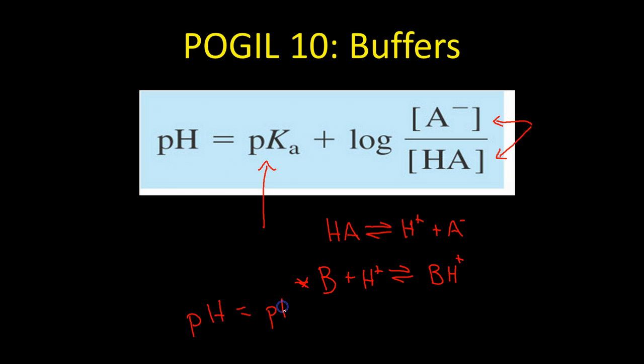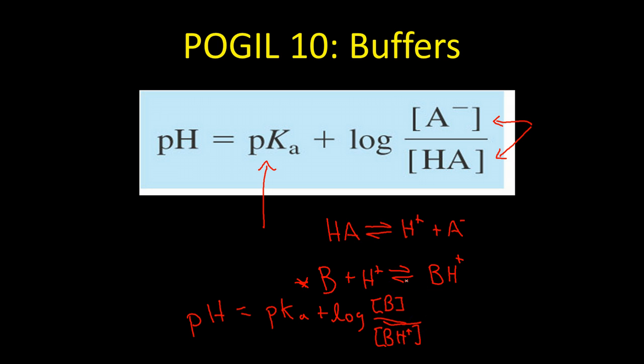So in this occasion, you would have a Henderson-Hasselbalch that looks like this. In this case, your basic form is uncharged, so you'd have your B here on top, and your protonated version, in this case, is cationic on the denominator.